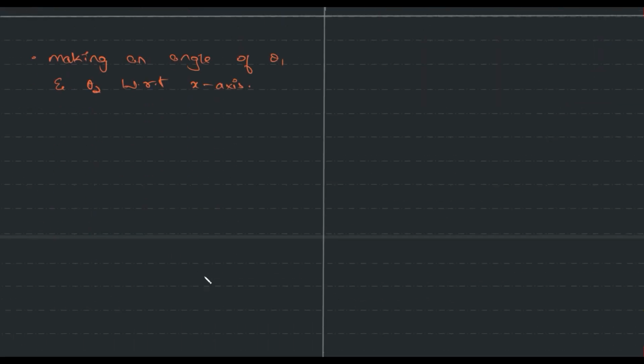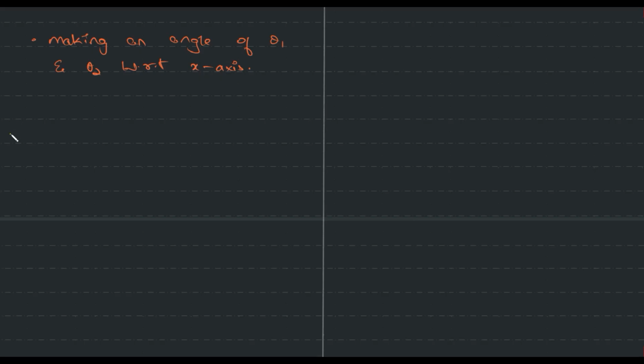As usual, we'll start off with momentum of masses. This is after collision. Momentum of masses after collision is m1 v1 and m2 v2.